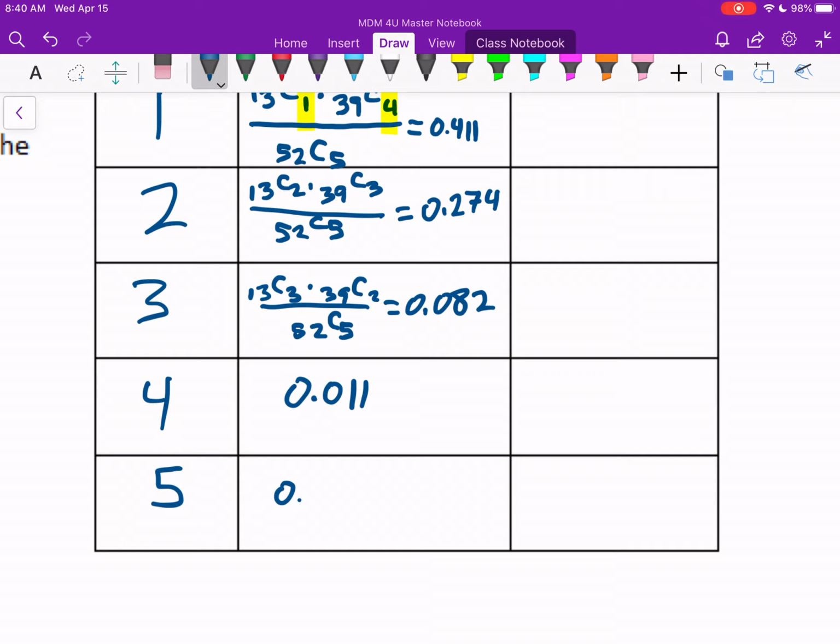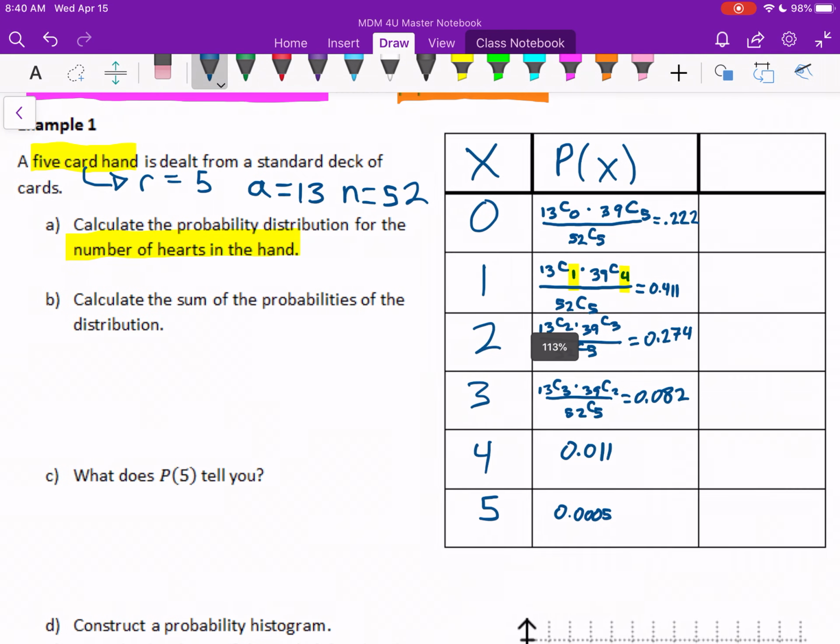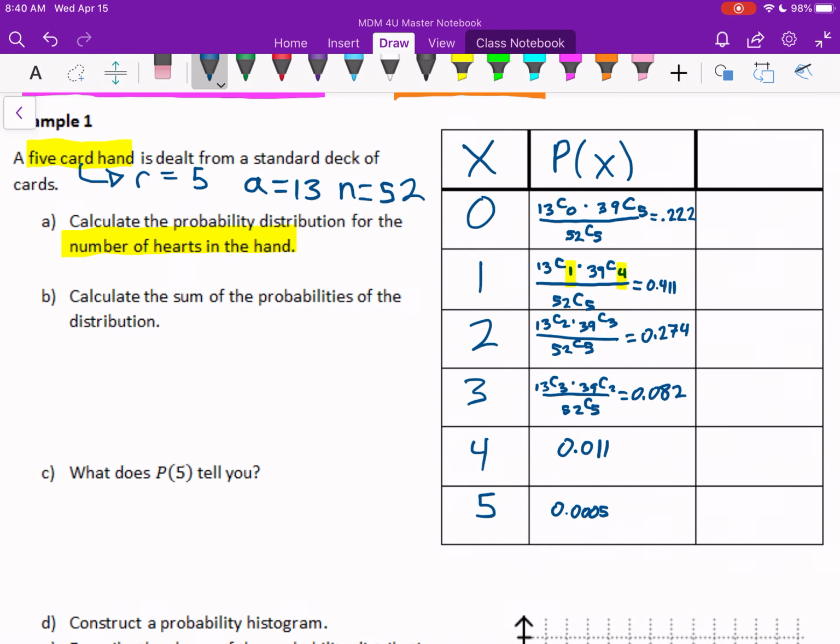The probability bears this out. It's 0.0005. So that's my probability distribution. And as I pointed out, that's not a hard thing to do once you've identified the 4 variables.